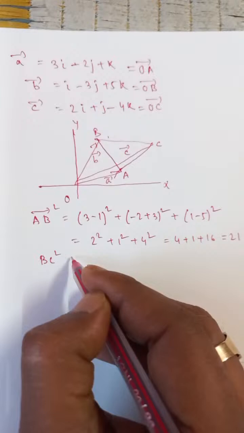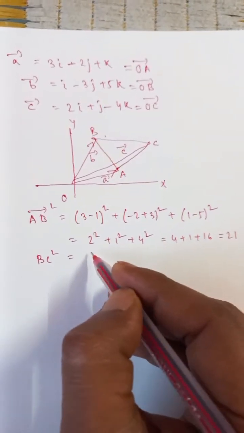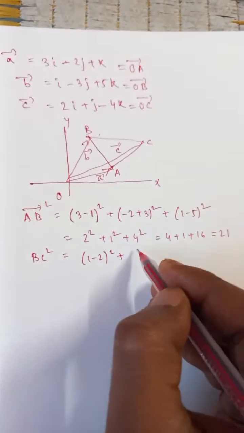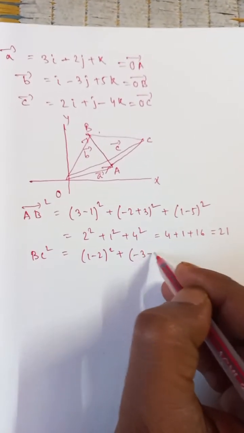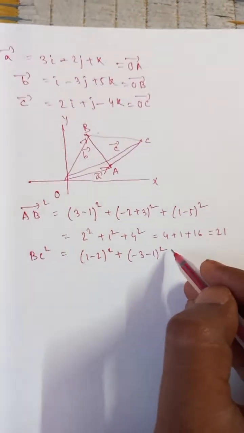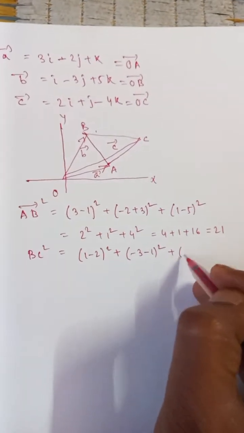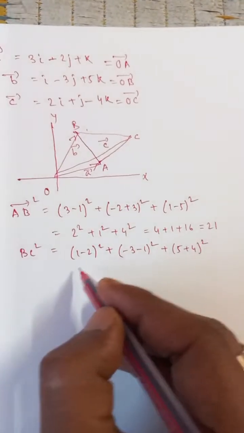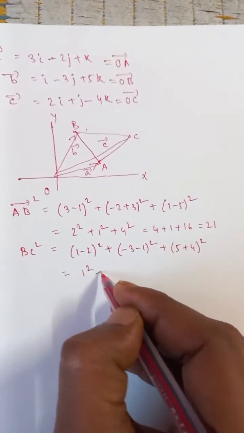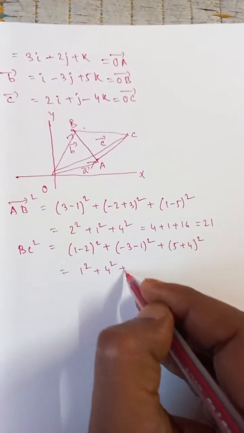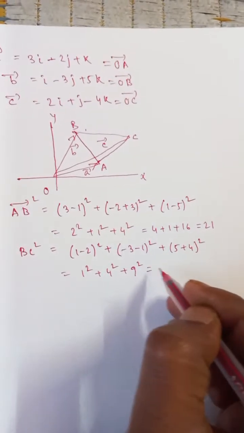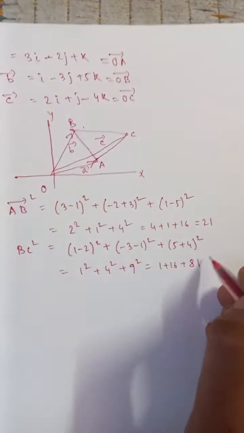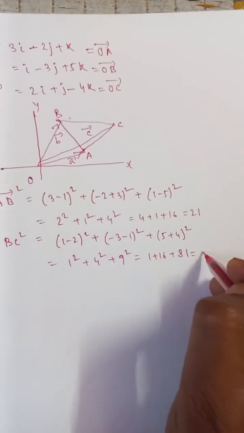BC square is (1 minus 2) whole square plus (minus 3 minus 1) whole square plus (5 plus 4) whole square, 1 whole square plus 4 whole square plus 9 square, 1 plus 16 plus 81 is equal to 98.